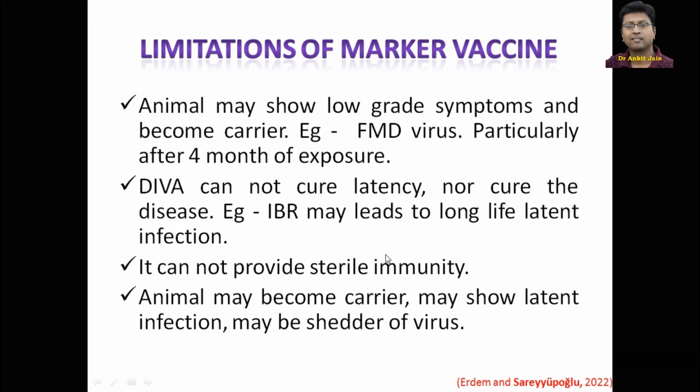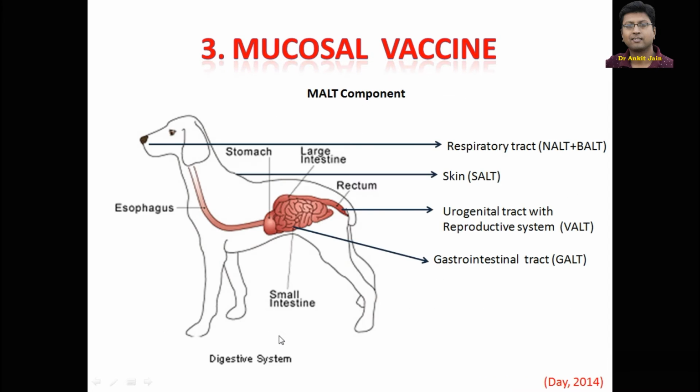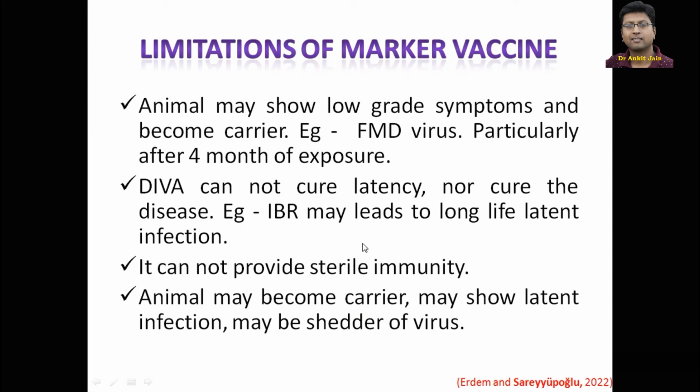The second one is it cannot differentiate the latent infection in the animals. So if the animal is already infected and having a latent infection, and we introduce the DIVA vaccine, it will not cure the latency. So it has a limitation that the animal may become a carrier and may show latent infection and may be a shedder of the vaccine, and we cannot provide sterile immunity.